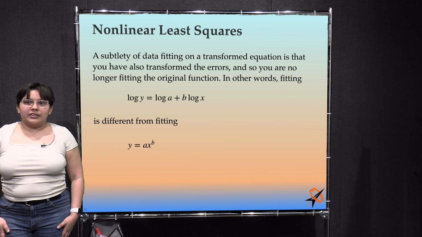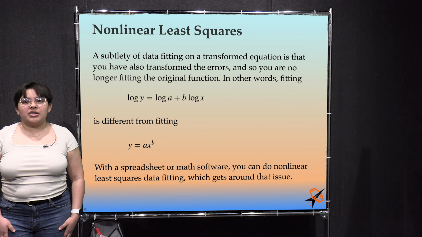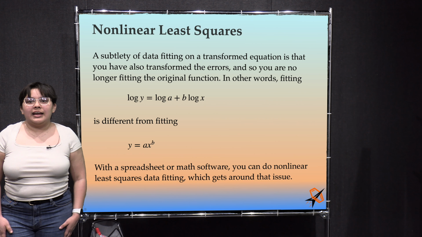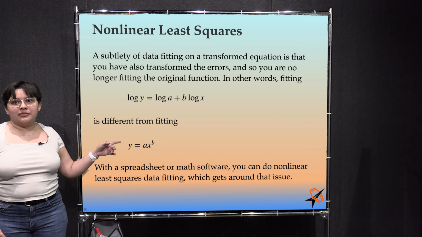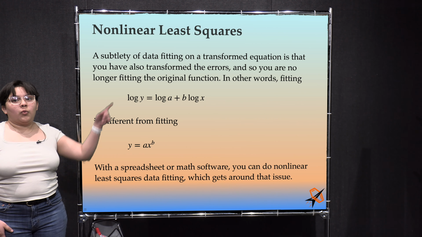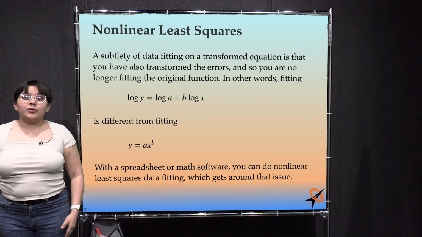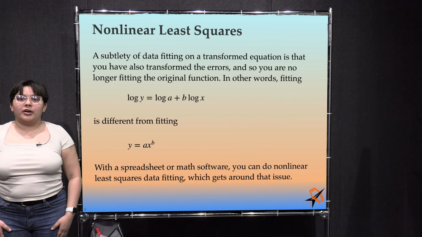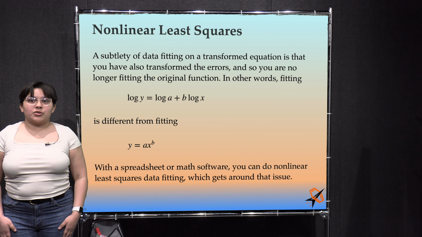If the data are good, the values of a and b will not differ much. But if they are not, you definitely want to choose which one to fit, and it's likely that the errors fit the y equals ax to the b function better than the log y equals log a plus b log x. There is a later video that explains how to perform nonlinear least squares fitting using a spreadsheet. The link is in the description below.